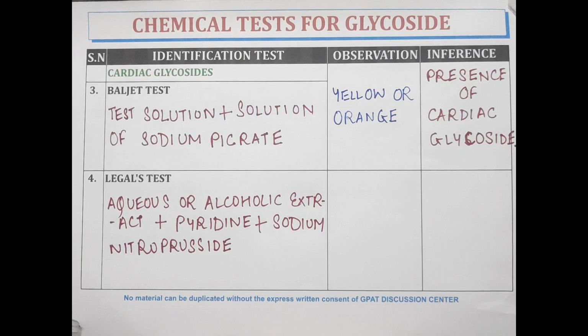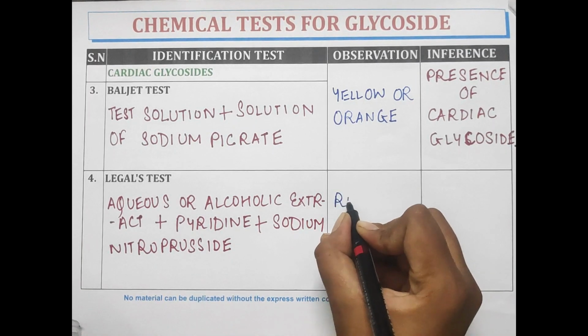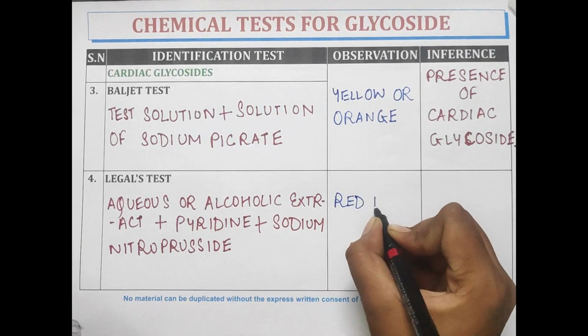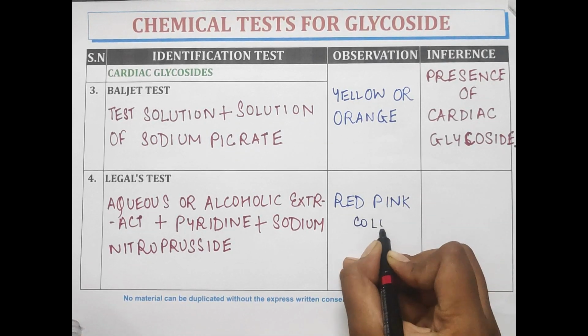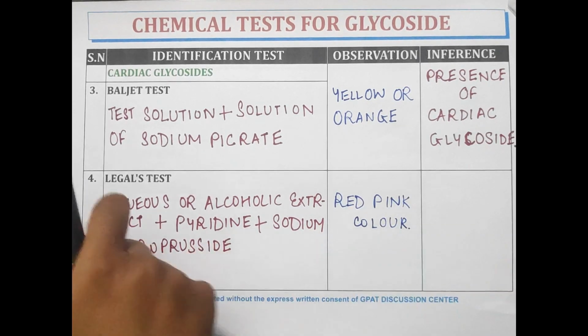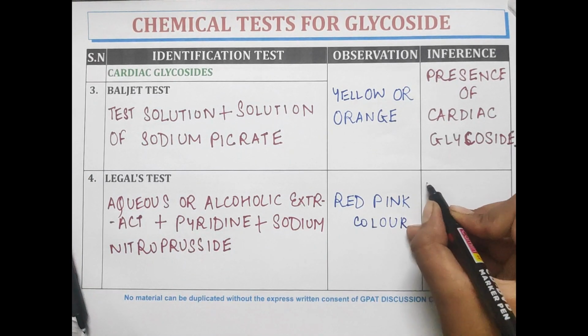In observation, red-pink color is formed, indicating the presence of cardiac glycoside.